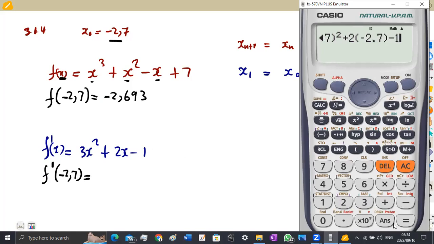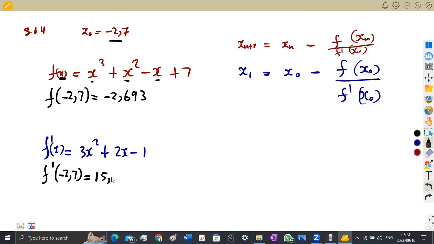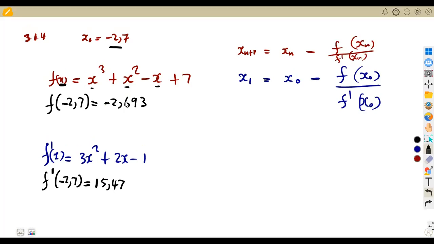This is what you're going to have at the end, which is 15,47.